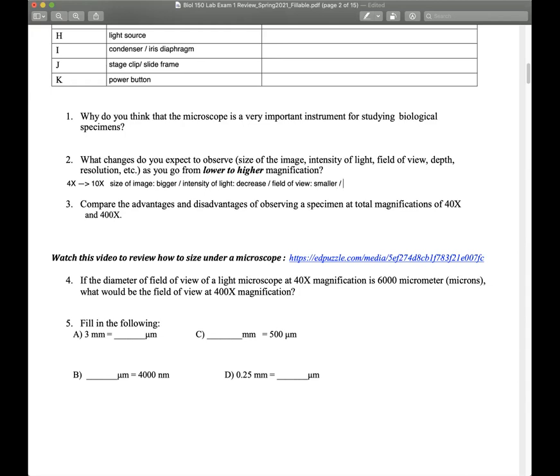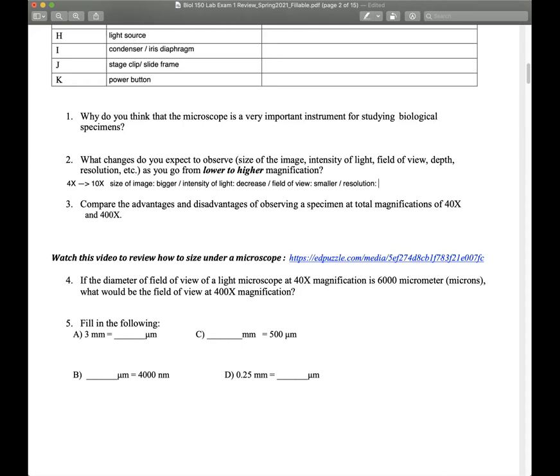Okay, what about resolution? So that means the amount of detail. Are you going to see more detail or less detail? More detail. If you're going from lower to higher magnification, you are expected to see more detail.